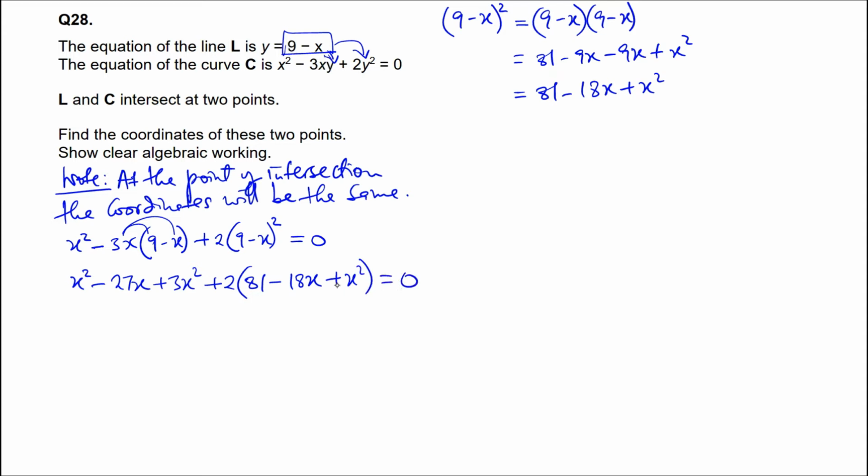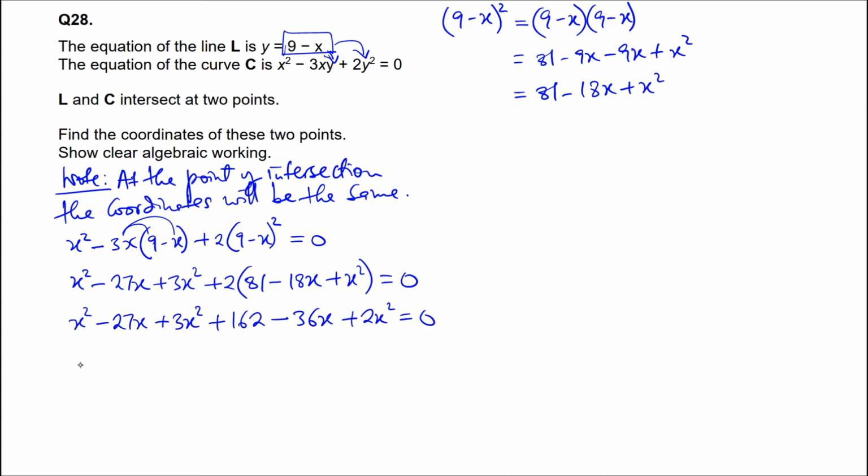And then I need to expand this, so x squared minus 27x plus 3x squared plus 162 minus 36x plus 2x squared is equal to 0.